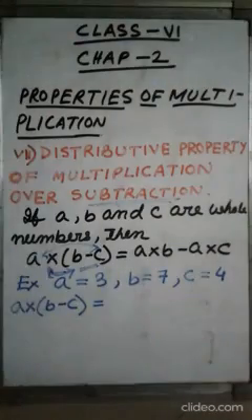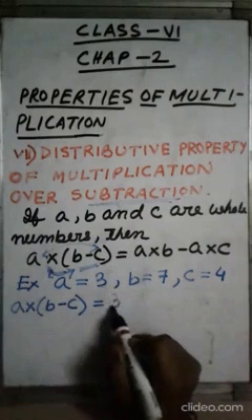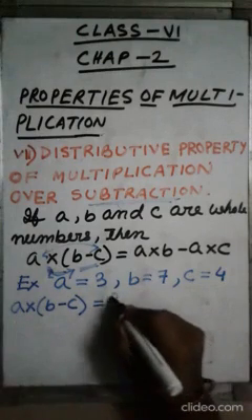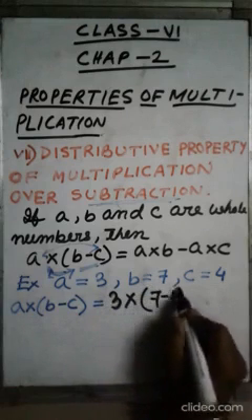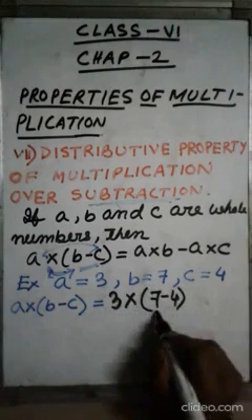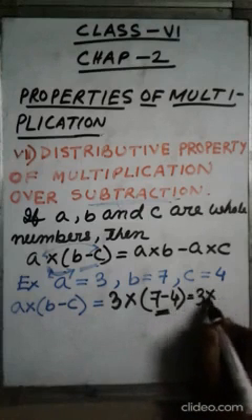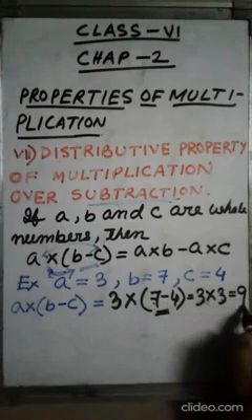So for example, we have taken A to be 3, B is 7 and C is 4. A into B minus C, 3 into B minus C, that is 7 minus 4. The operation inside the bracket we have to do first. So equal to 3 into 3, which is 9.